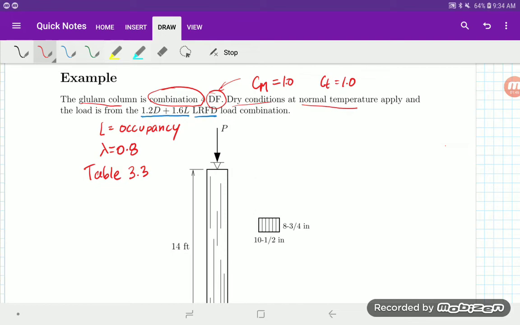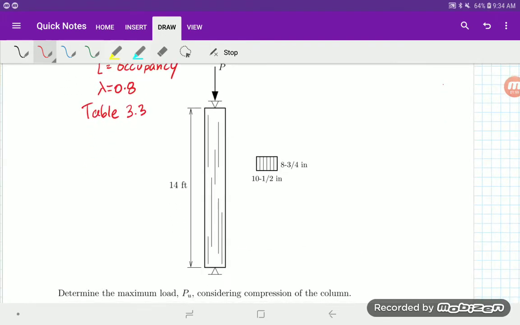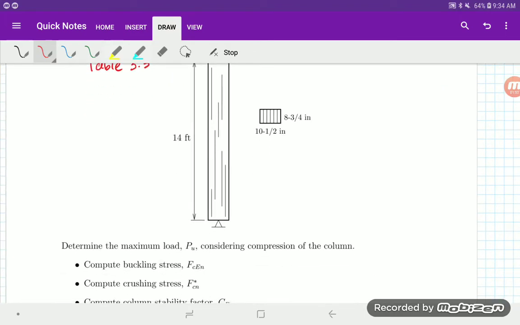Moving on, whenever we're doing a column design, the first thing we need to do is to determine what P sub U is. And here we're going to do our example assuming that we can compute P sub U, meaning what is the load that it would take.